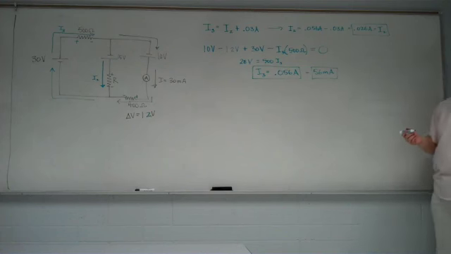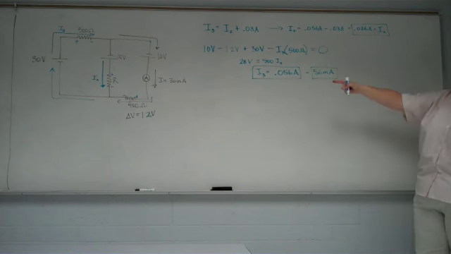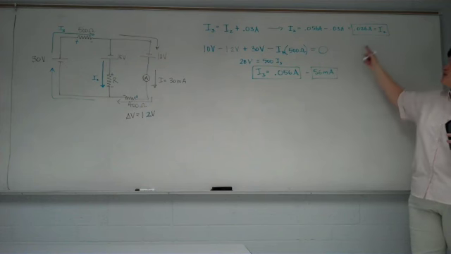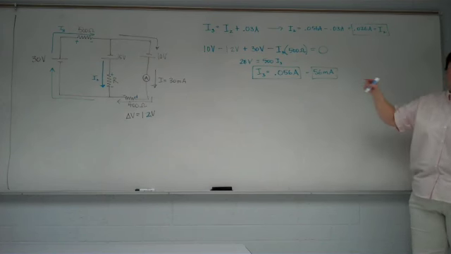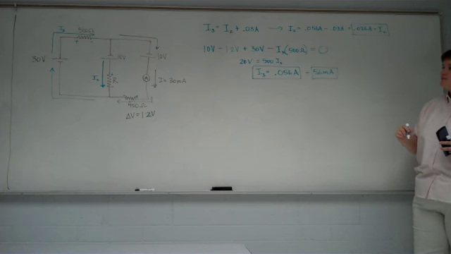It's always nice when we're given a current. Always makes at least one of the equations really simple. Minimizes the algebra. So we now know all of the currents. We were given the 30 milliamps. We now know I2 and I3 as well. Since we got positive answers for both of them, that means we drew them in the correct direction. That is the direction they're flowing.